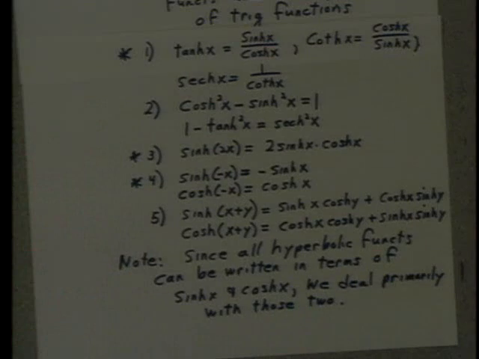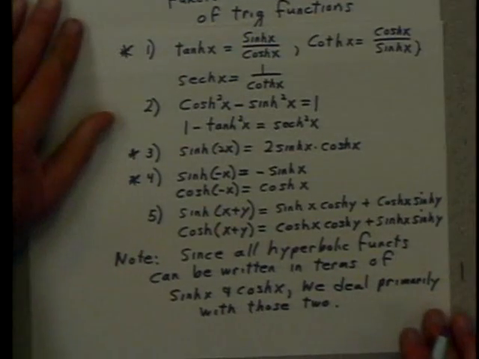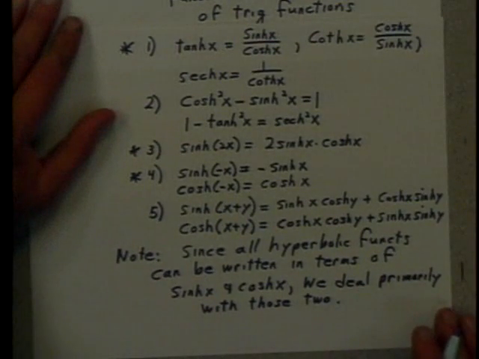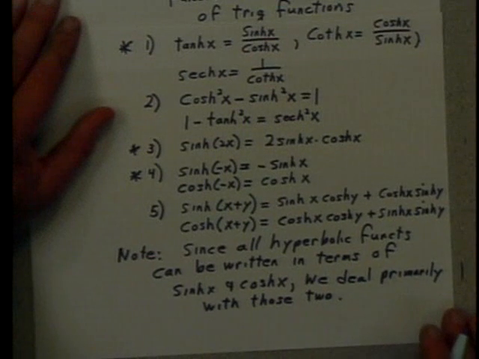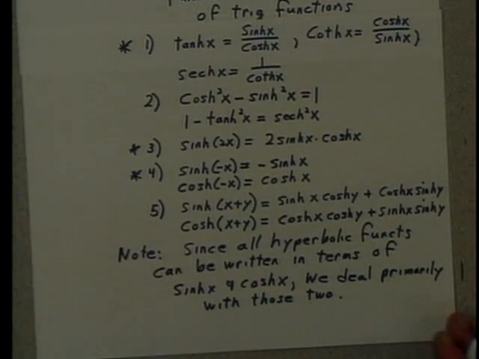Okay? So most of our focus will be on sinh and cosh. Because if I do have something like coth, I can always write it as cosh over sinh and then go from there if I need to, if it doesn't work directly.